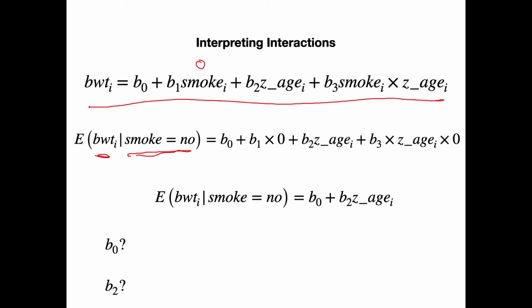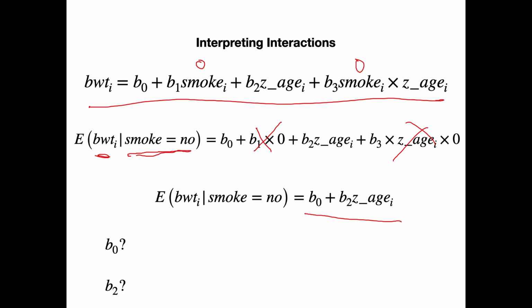So smoke is 0 and zAge stays in there. If we write this out down here, we have B1 times 0, B2 times zAge, B3 times zAge times 0. We're going to get rid of those because they zero out. What's left over is this smaller regression equation. This is the expected birth weight for babies whose mothers did not smoke, and so you have an intercept and a slope.